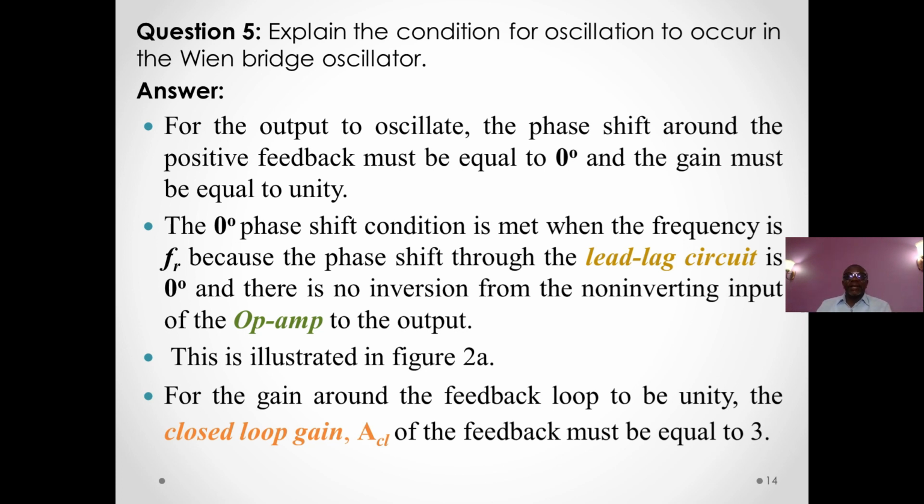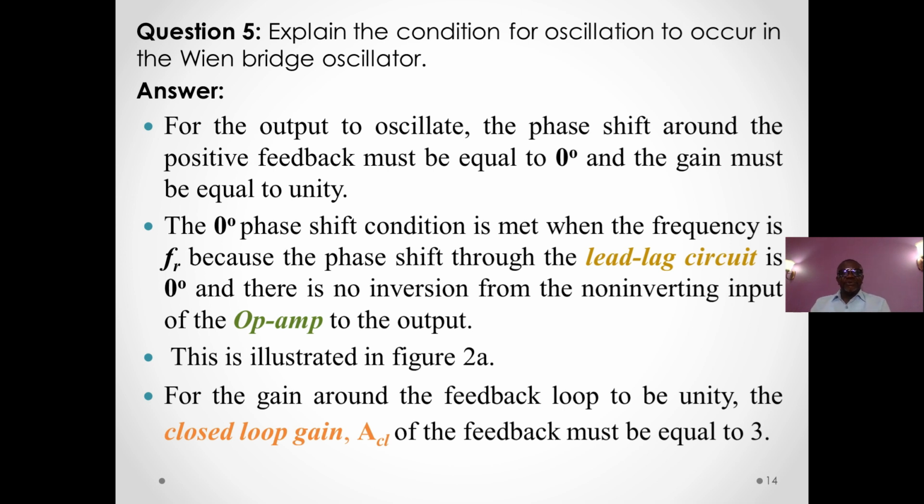Explain the condition for oscillation to occur in the Wien bridge. For the output to oscillate, we know that the phase shift around the feedback loop must be equal to 0 degrees and the gain must be equal to unity.